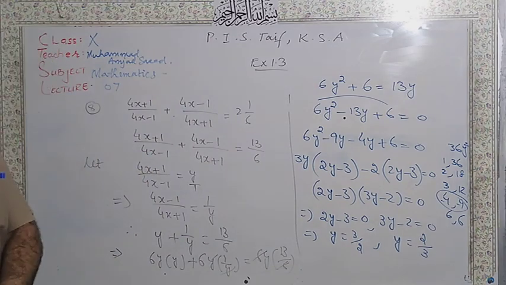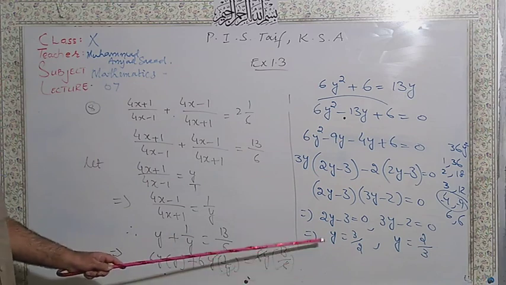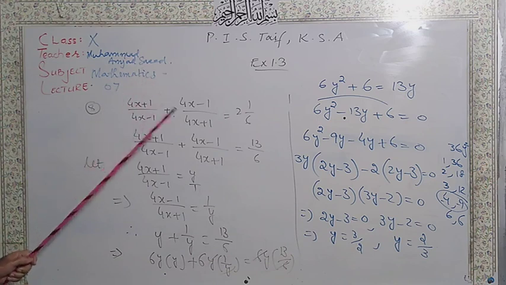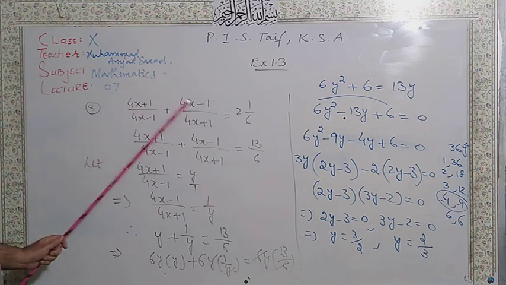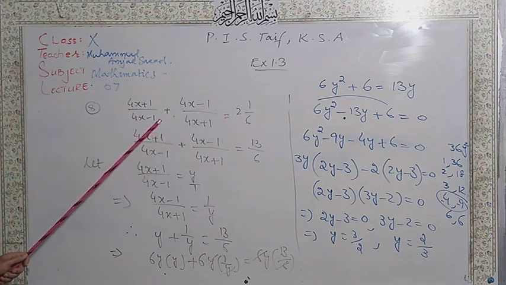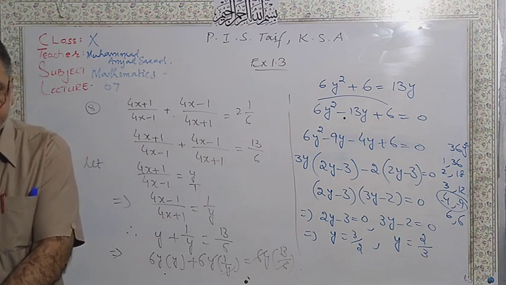Dear students, we have the values of y. Remember that your answer is in terms of y, but your question was given in terms of the variable x. So that's why you have to convert your answer into values of x.